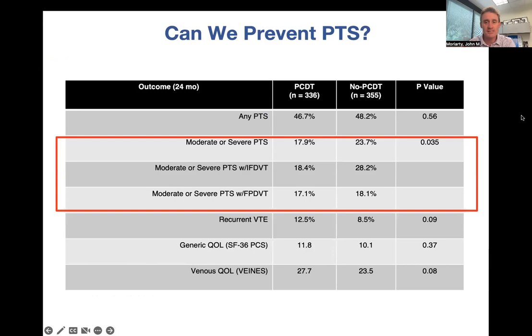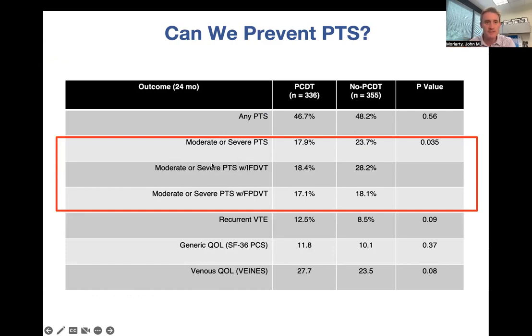And what it showed is, I've broken this out, and this is a slide that's difficult to go through. Not every patient should get this, but this group here: moderate or severe post-thrombotic syndrome with iliofemoral DVT. Now, I'm going to spend a moment on each of those words. Post-thrombotic syndrome, we've explained.